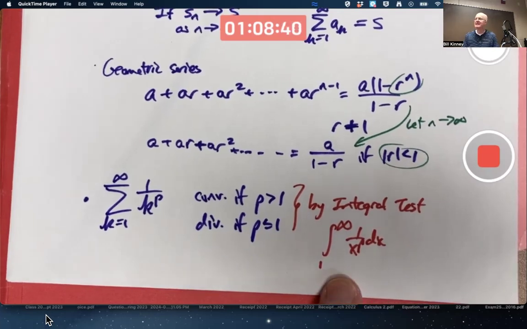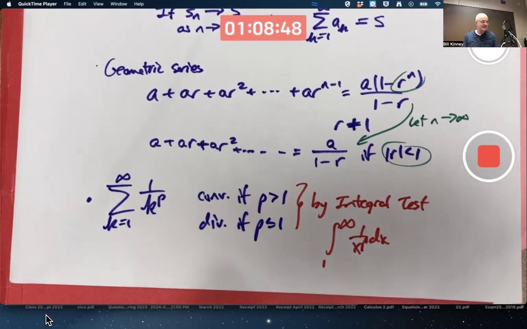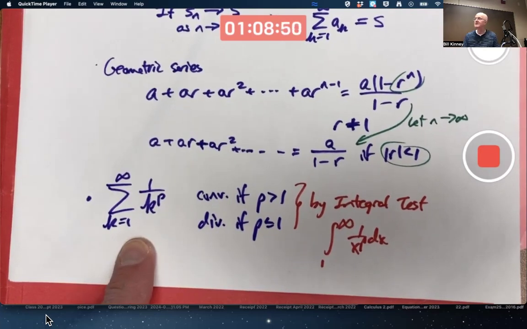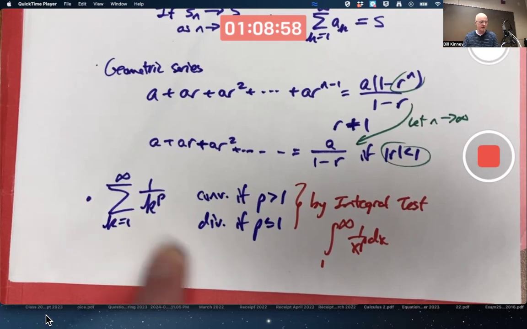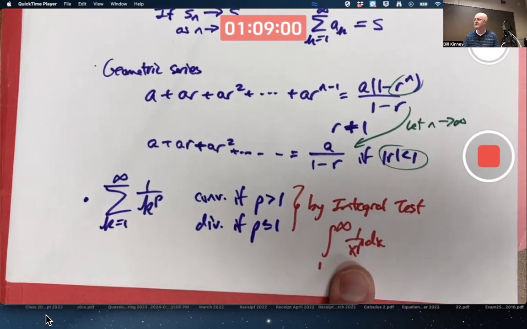The improper integral is easier to handle because we have the fundamental theorem of calculus to find the antiderivative and use that to find the integral. These things are hard to handle because there's no simple formula for their partial sums. There's no analog of the fundamental theorem of calculus. But the convergence is completely related to the convergence of this.